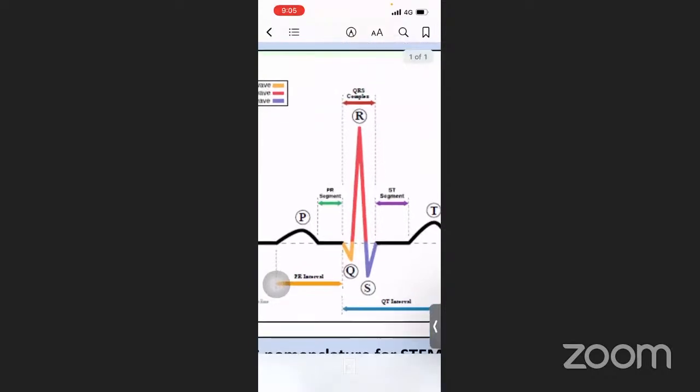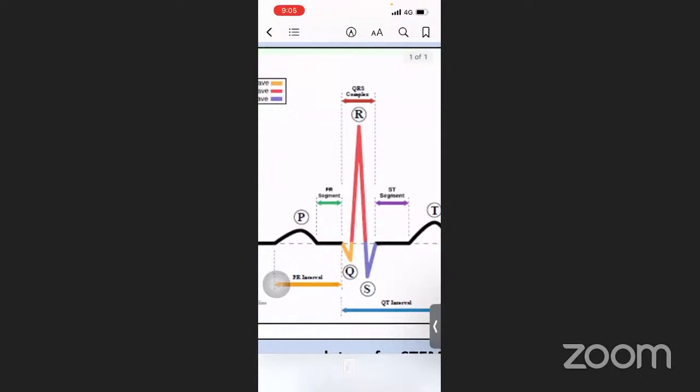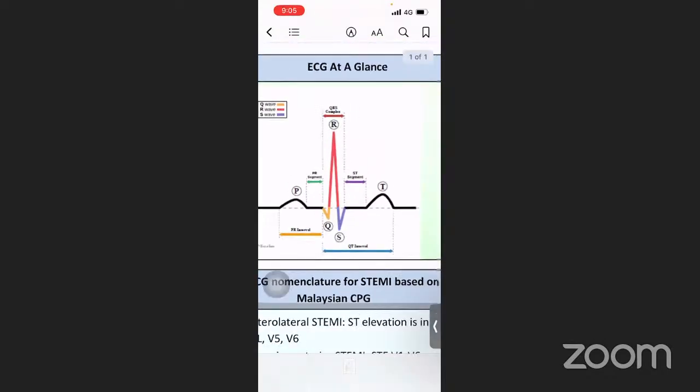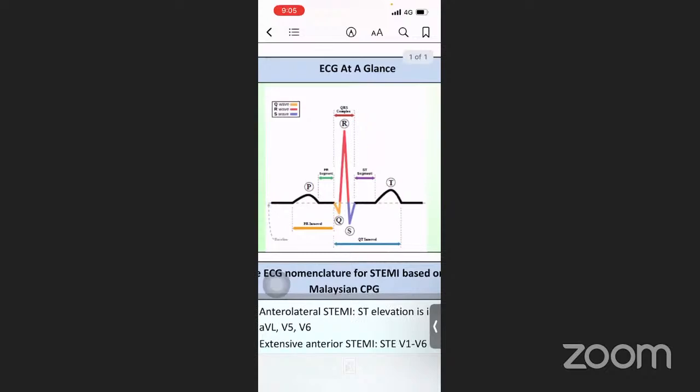Now we go to the QRS complex. The QRS complex is like that. If you take the top as positive, then below the baseline will be negative. Sometimes in EEG, the up one is negative.